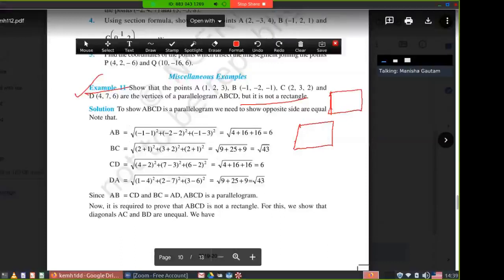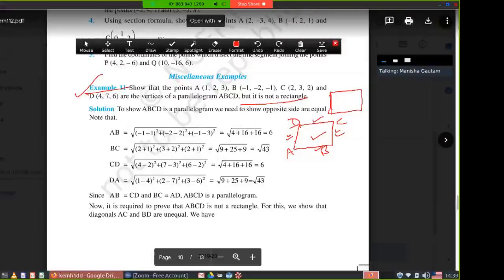So you must know what the properties of a parallelogram are. When you want to prove that any figure is a parallelogram, it means its opposite sides are equal. If A, B, C, D are the naming of the parallelogram, then AD will be equal to BC and AB is equal to CD.